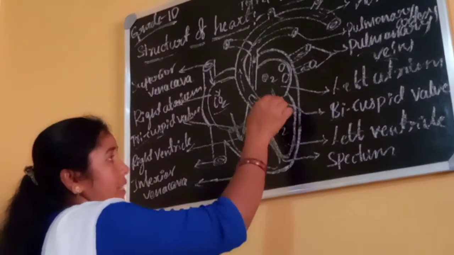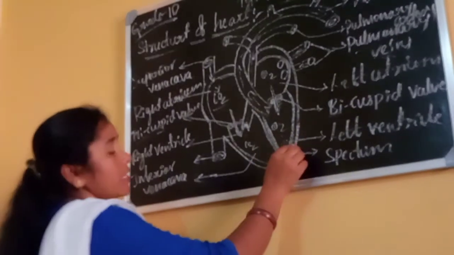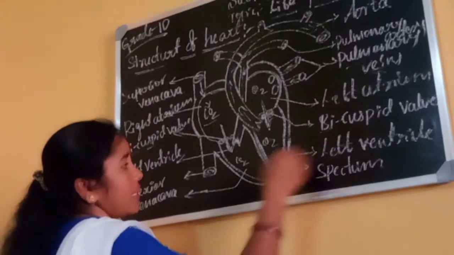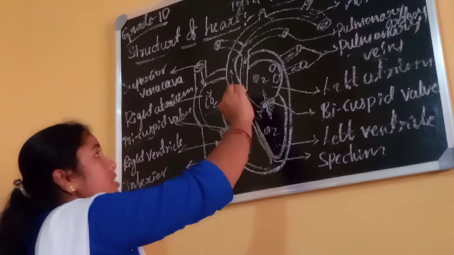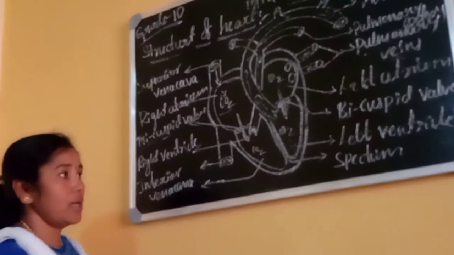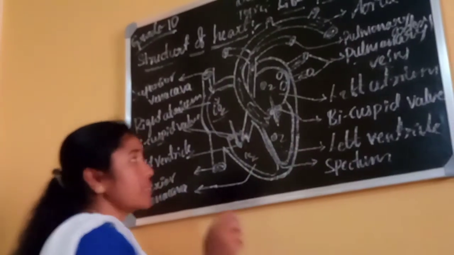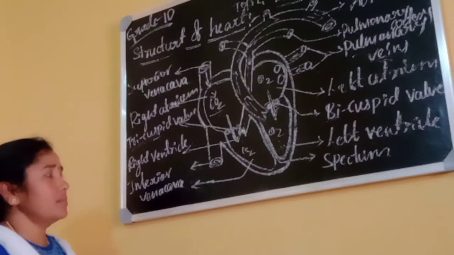The backflow of blood is prevented by the bicuspid valve, and when the left ventricle contracts, the pure or oxygenated blood reaches all parts of the body through the aorta. Only the left ventricle pumps the blood to all parts of the body through the aorta.